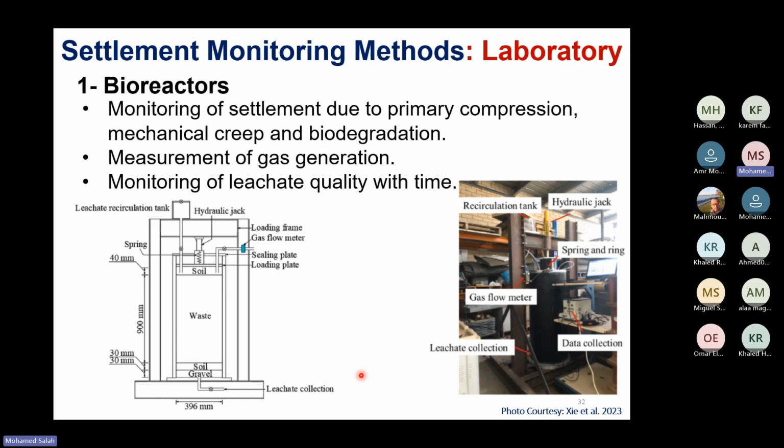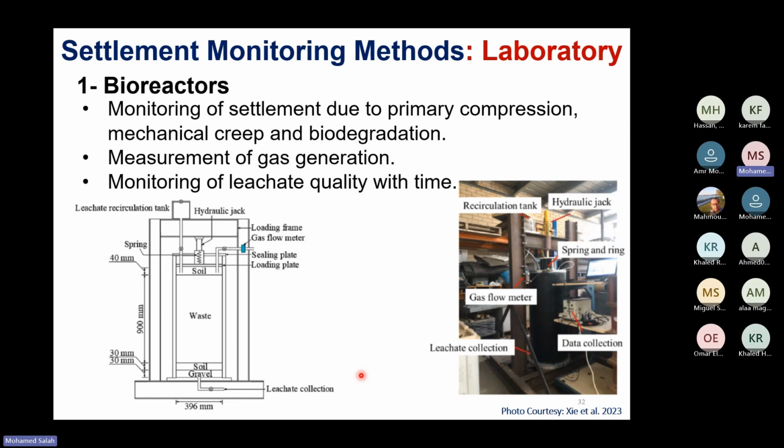These bioreactors are very helpful to monitor the settlement due to primary compression, mechanical creep, and biodegradation. Because here, the waste is just placed inside the tank at whatever the ambient temperature is in this region or country. So biodegradation of the waste occurs, and creep and compression also happen under the own weight of the waste in the tank, and under any load applied using the hydraulic jack.